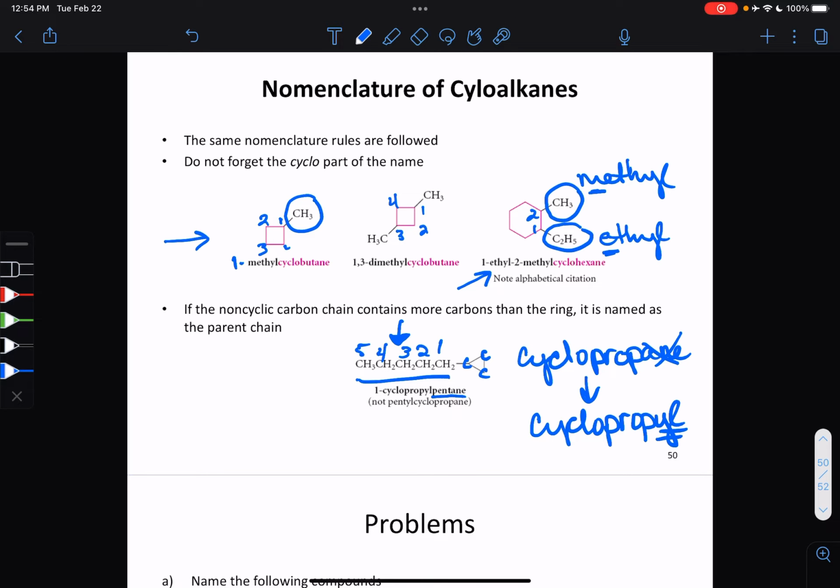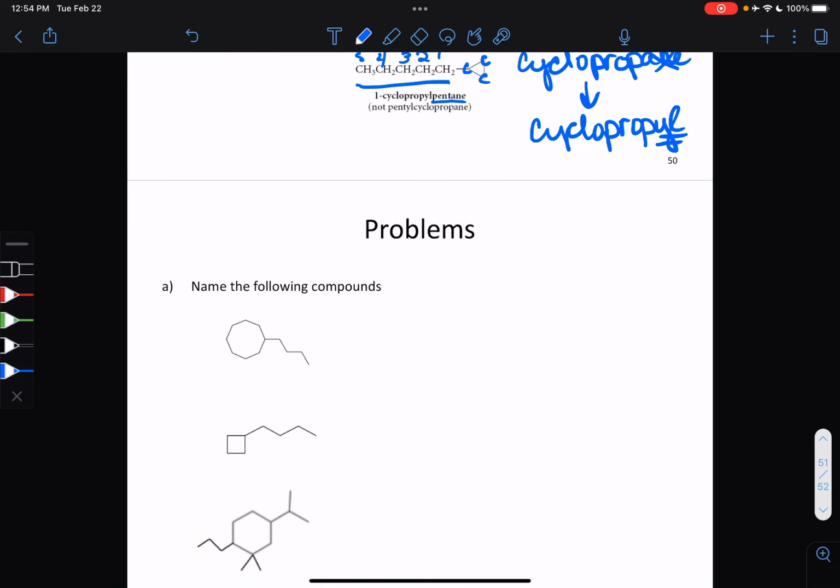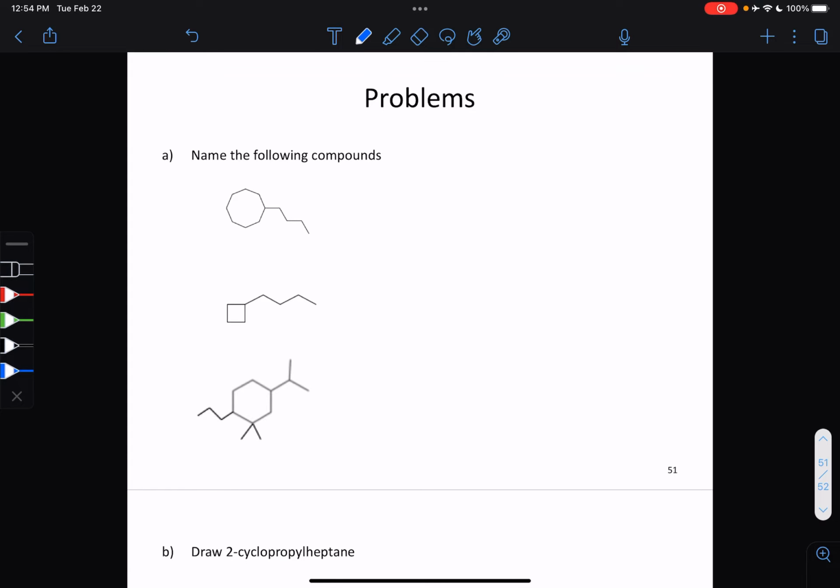All right? So let's do some problems. Let's name these compounds. Okay, so with the first one, we're going to take a look at it and say, alrighty, which is bigger, the straight chain or the cyclic structure? And for most of us, we can see right away that the cyclic structure is bigger, and there's only one branch hanging off of the cyclic structure.